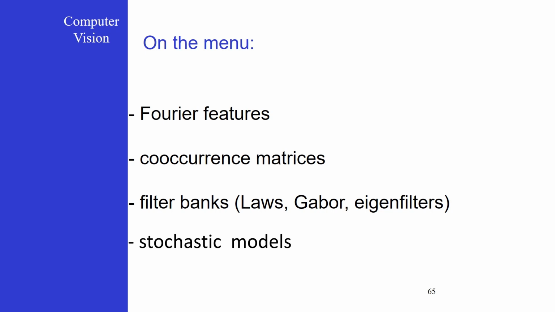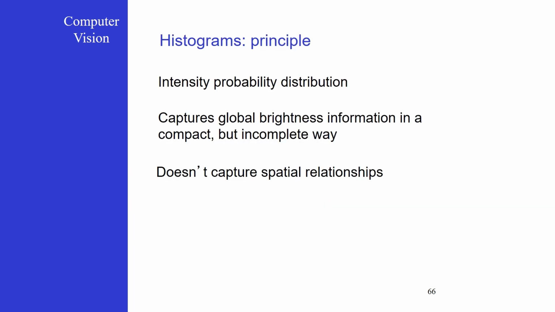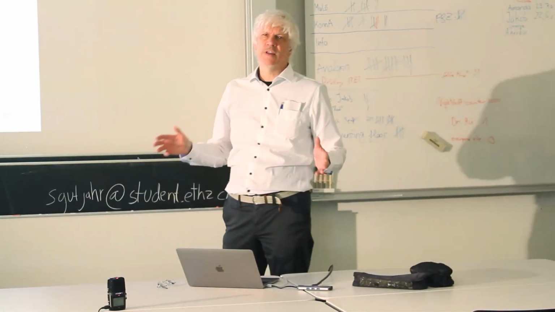Okay. That brings us to the next kind of feature, because now we want to introduce some information about localization. Therefore, co-occurrence matrices have been used. It's about the distribution of different intensities. Remember we saw the histogram, or you know about histogram probably. So that gives a distribution for different intensities.